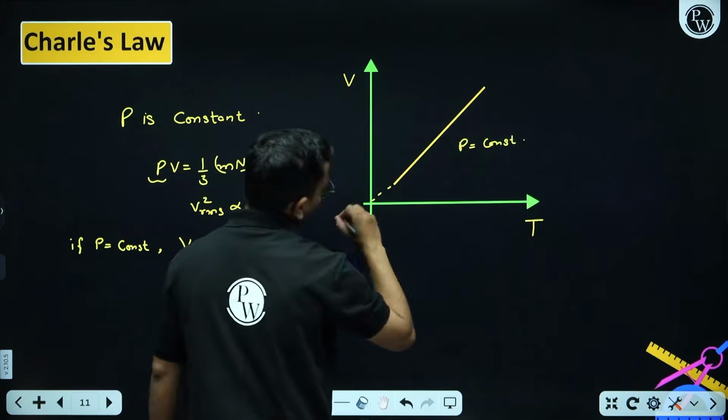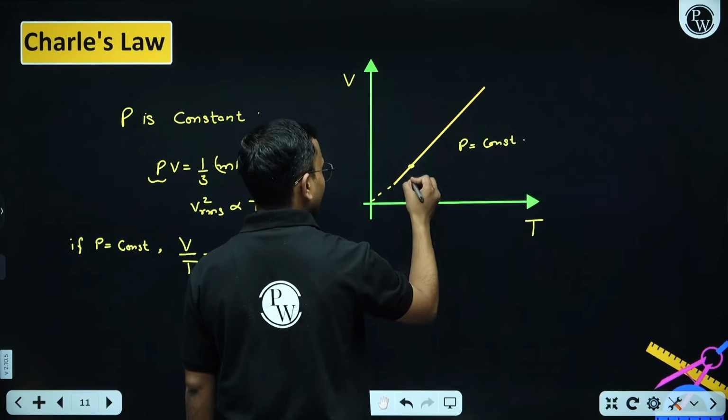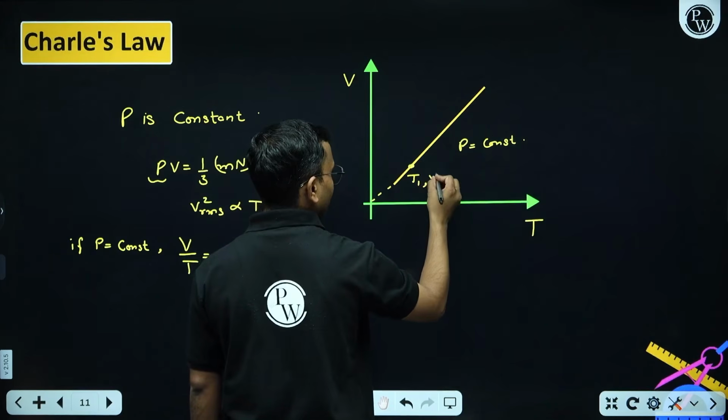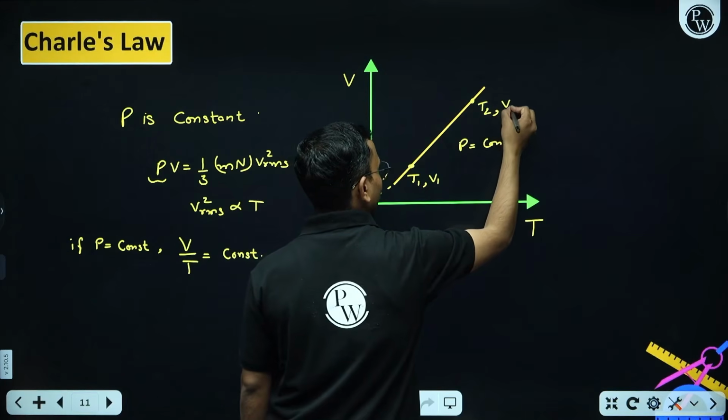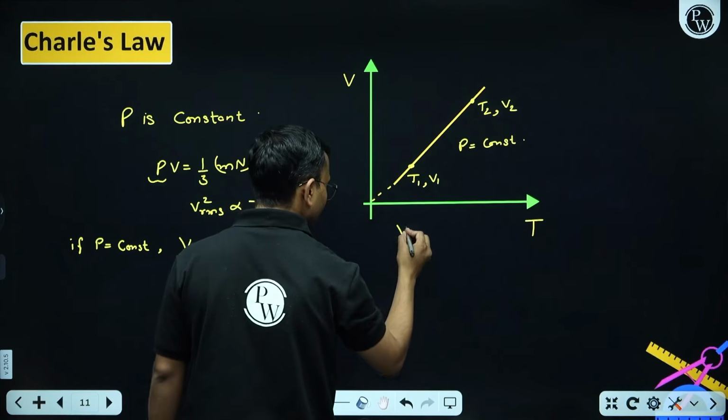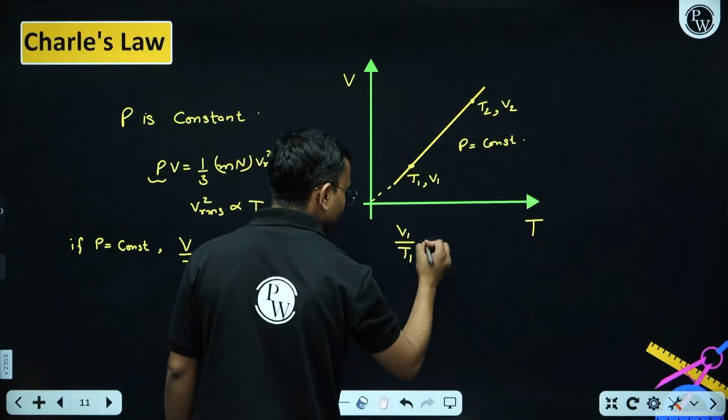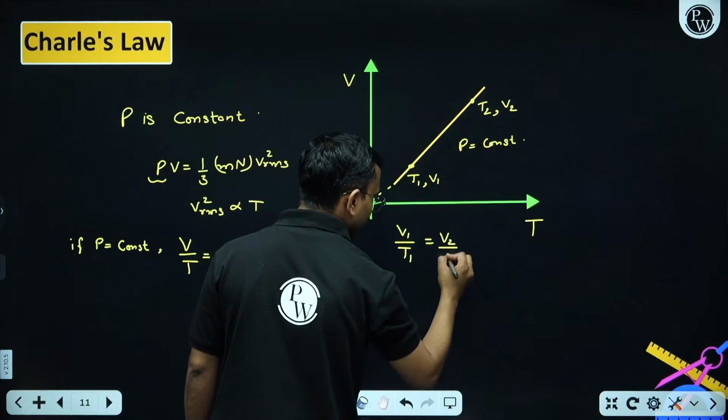Now let us take 2 points: here the temperature is T1 and the volume is V1, here the temperature is T2 and the volume is V2. So I will say that V1 by T1 equals V2 divided by T2.